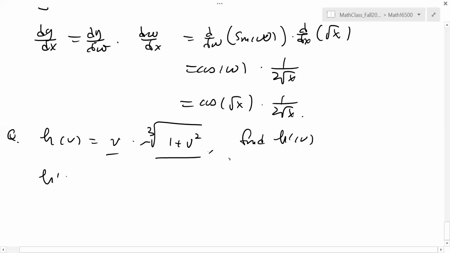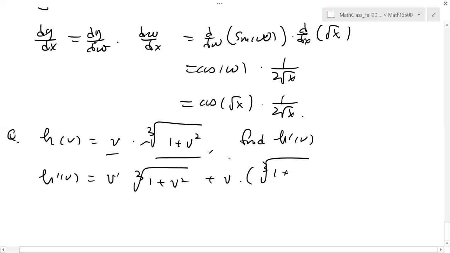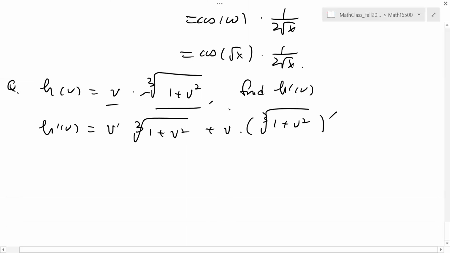So the derivative is going to be v prime times the third root of 1 plus v squared, plus v times the derivative of the third root of 1 plus v squared.